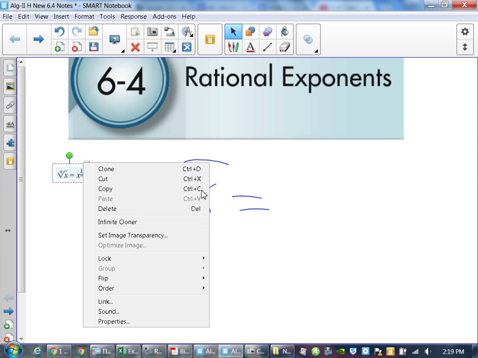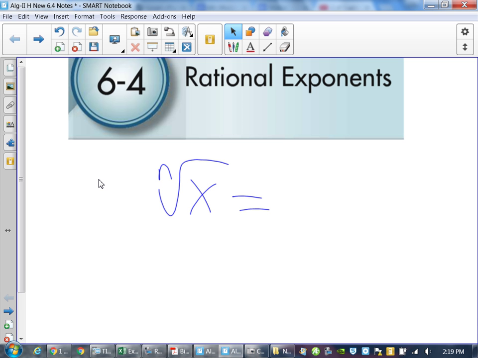I did show you. Any nth root can be rewritten as a fractional exponent. Remember when we talked about square roots, what exponent? Half. Square roots was x to the 1/2.